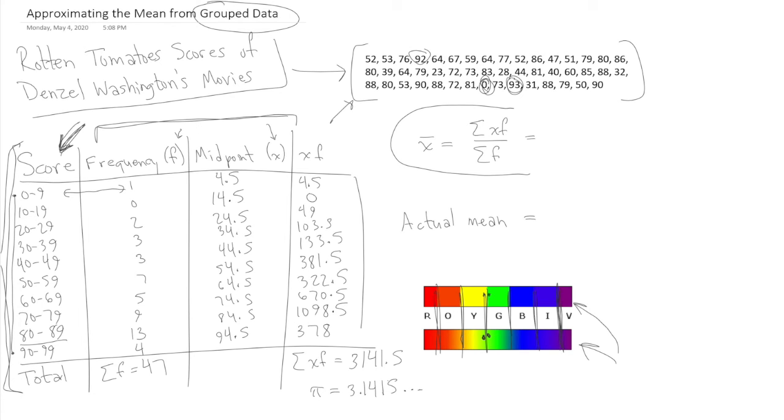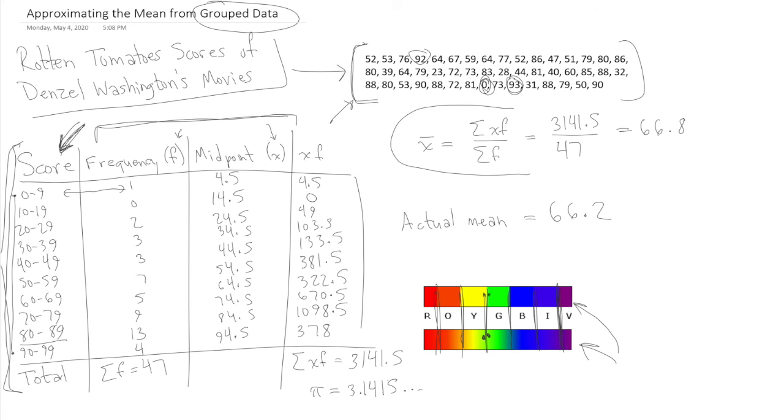So, bad jokes aside, when we put in what we have now, the sum of xf is 3141.5 over the sum of f, the sum of the frequencies, 47 movies total. We get, to 3 sig figs, 66.8 as the average Rotten Tomatoes score. The actual mean, if you did not group them, if you just use the actual numbers, would be 66.2, which is actually pretty impressive.